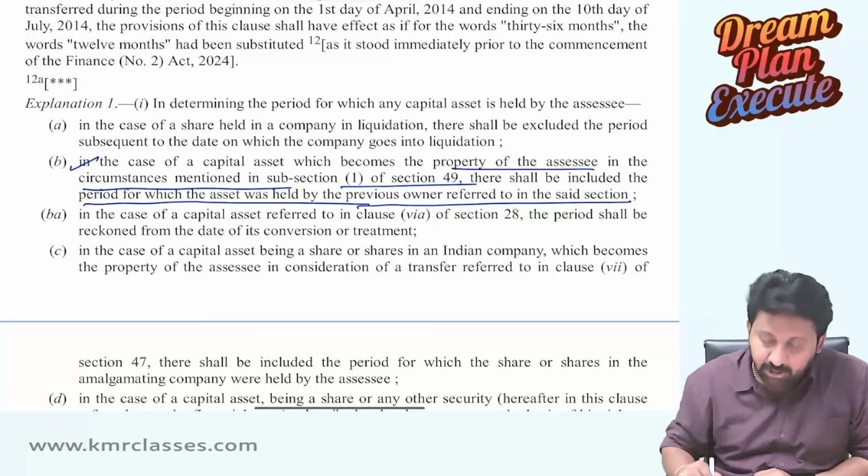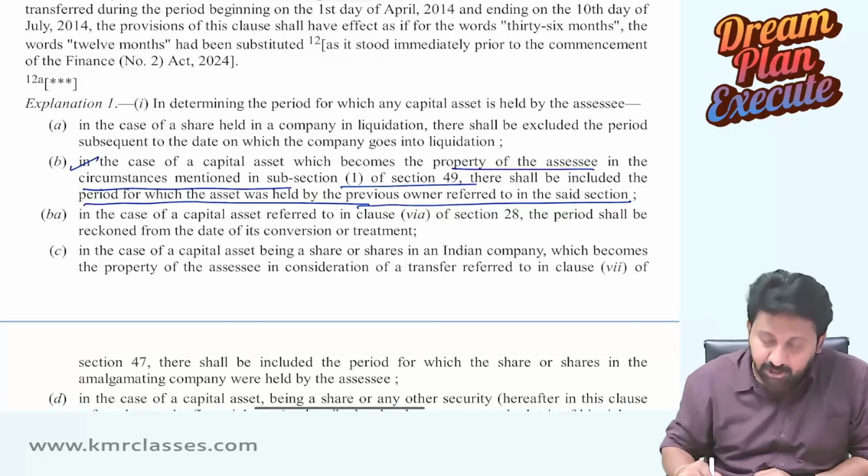So the previous owner's holding period also should be included. Therefore, in our example it will automatically become long-term capital gain, but not short-term. Hopefully everyone understood the logic up to here.